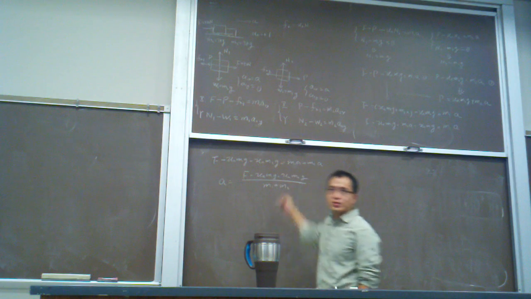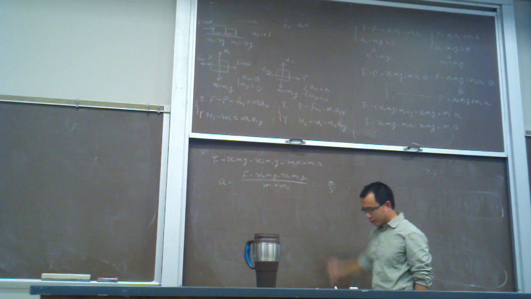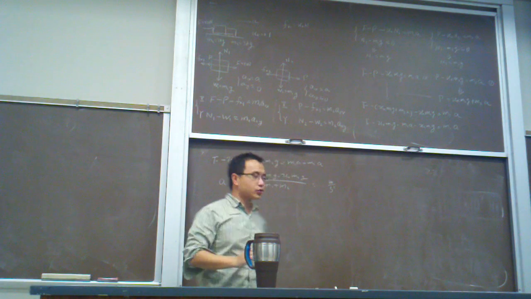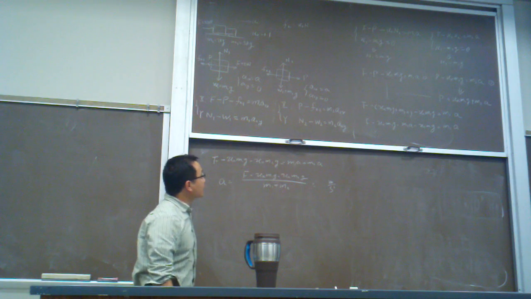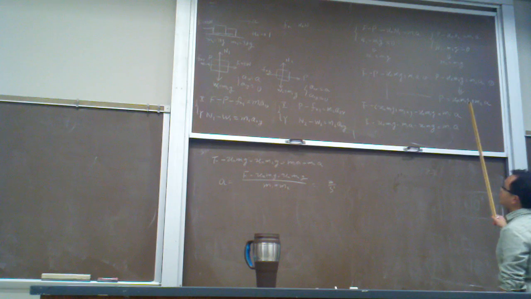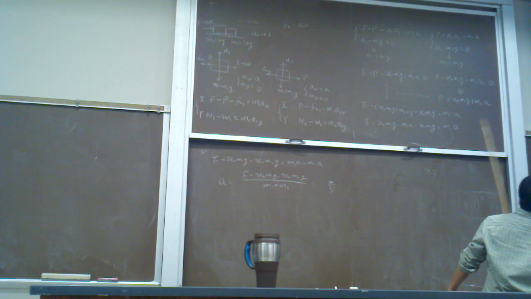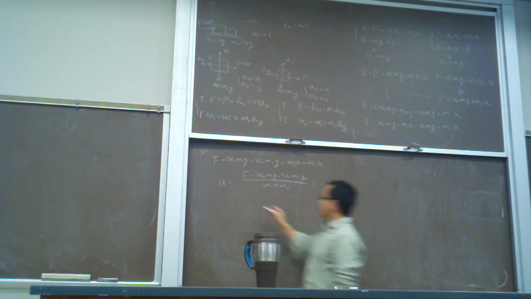Okay, and then you substitute the numbers, you can get the result in meters per second squared. And then you can substitute the A back into this equation. You need to find the pushing force between the blocks, and then substitute back into this equation.